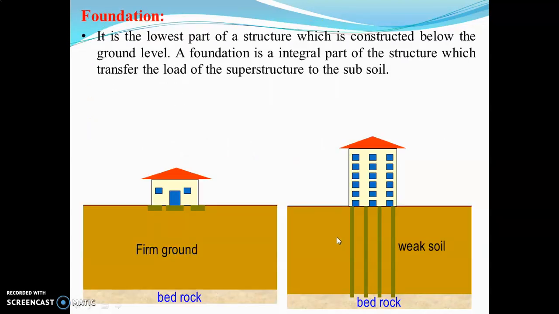First, let us see what is foundation. It is the lowest part of a structure which is constructed below the ground level. A foundation is an integral part of the structure which transfers the load of the superstructure to the subsoil. You can see here, this is a firm ground, means a strong soil, and this is a weak soil.